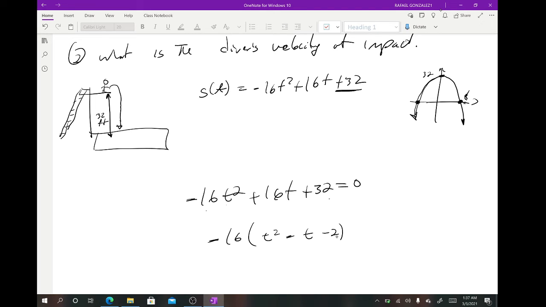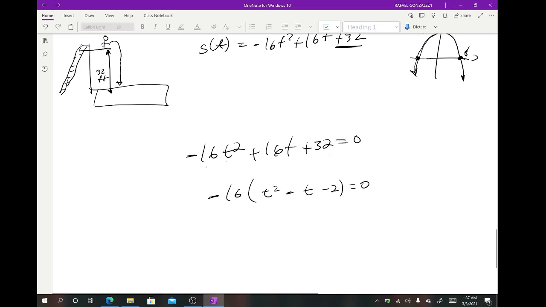Minus 2 equal to 0. Now we could factor the inside. The reason we could factor the inside is because negative 2 times 1 gives you negative 2, but they add up to negative 1 t, so we can factor that. So we have t plus 1 times t minus 2 equal to 0.